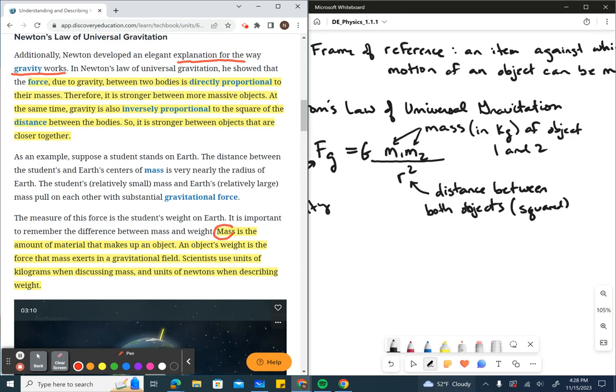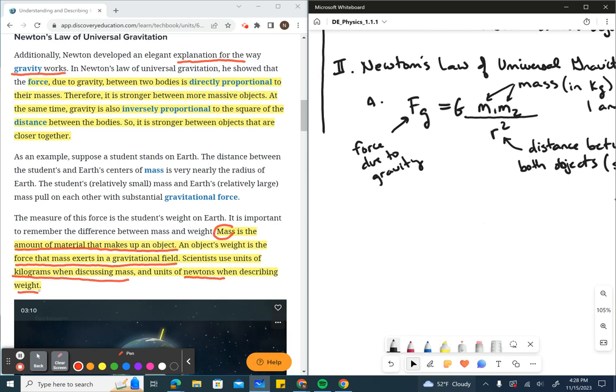But what will change is its weight, and the weight is a function of the amount of gravity. Mars has a different force of gravity than Earth, and Earth has a different force of gravity than Jupiter. So mass is the amount of material that makes up an object, and an object's weight is the force that the mass exerts in a gravitational field. Scientists use kilograms for mass, and they use newtons when talking about weight.